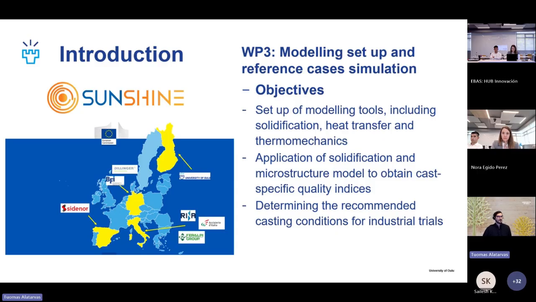Rina is also doing CFD modeling and such, but these activities showcase what the University of Oulu activities are. And also we apply these solidification and microstructure models to obtain cast-specific quality indices in the project. And these results can also be used to determine the recommended casting conditions for upcoming industrial trials in the project.